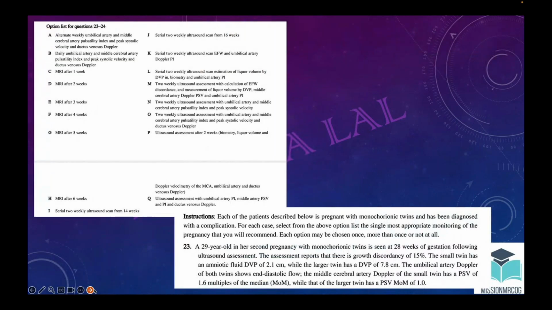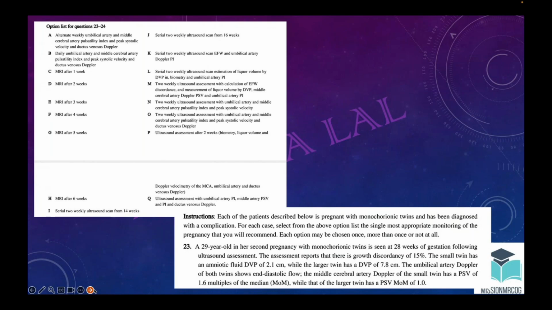MCDA twin. Now, this is second pregnancy. Now, growth discordancy 15%. Small twin has 2 centimeter of DVP, large twin 7.8. Umbilical artery shows end-diastolic flow.